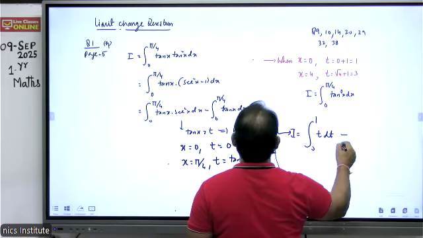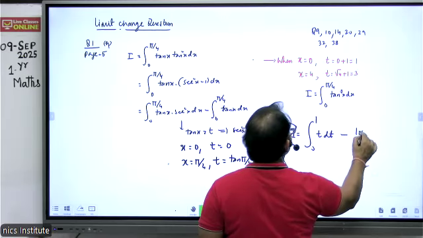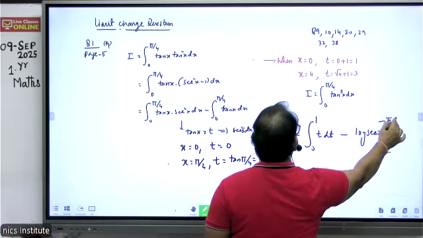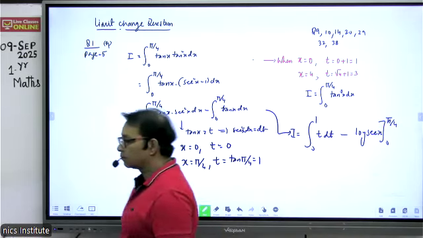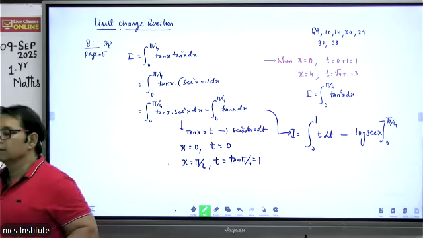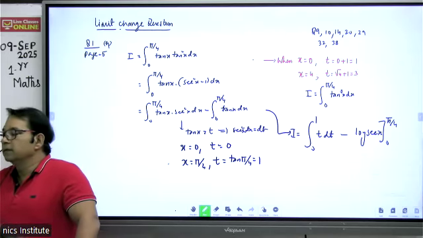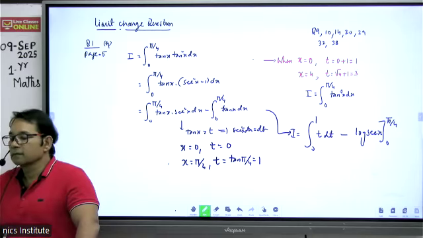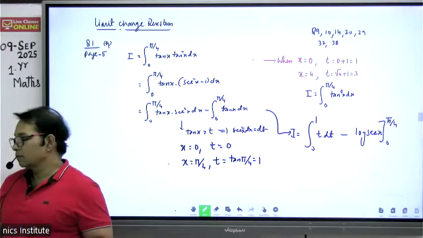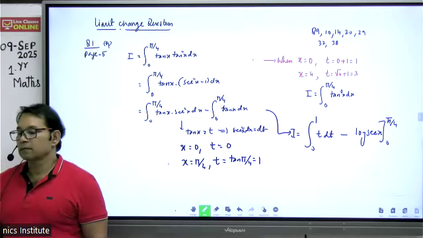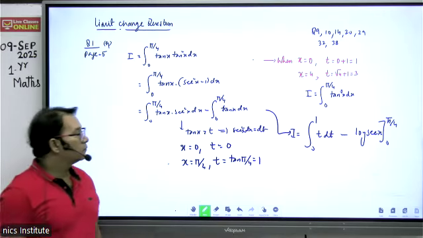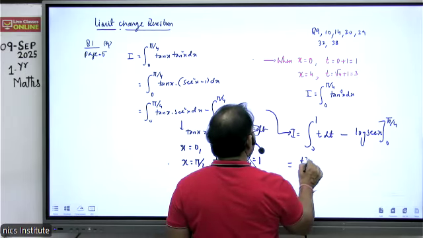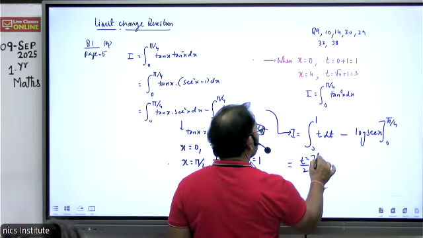And the second part, what is the integration of tan x? Log sec x, 0 to pi by 4. Integrate, substitute the limits. It will be t square by 2, integration 0 to 1.